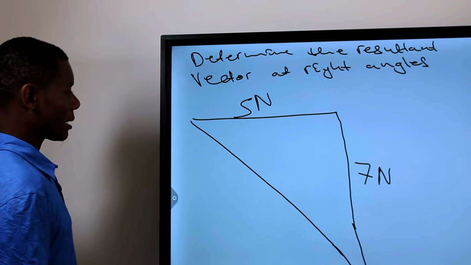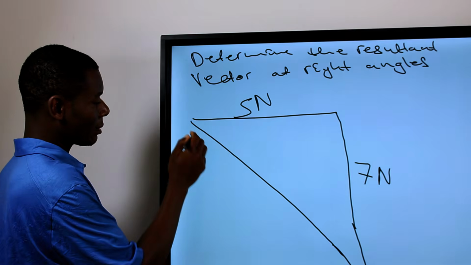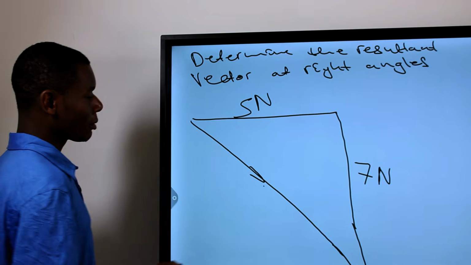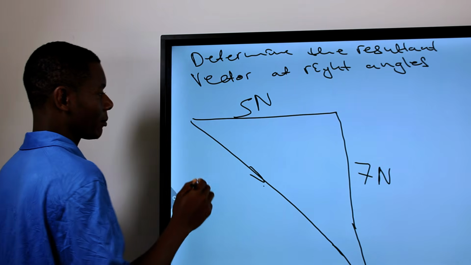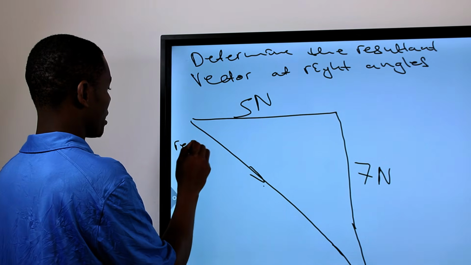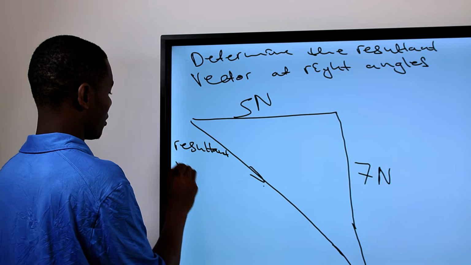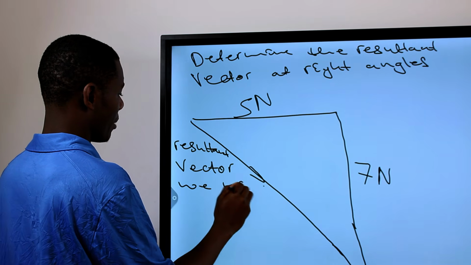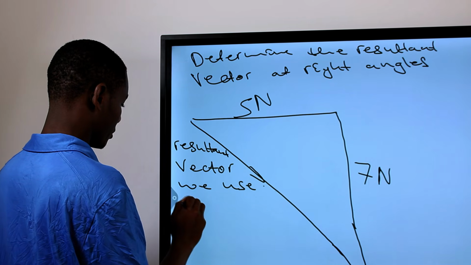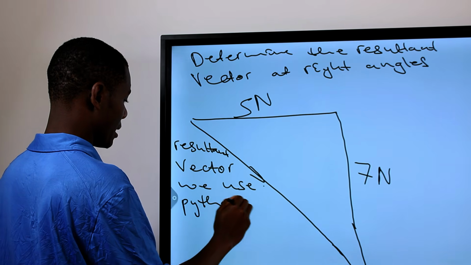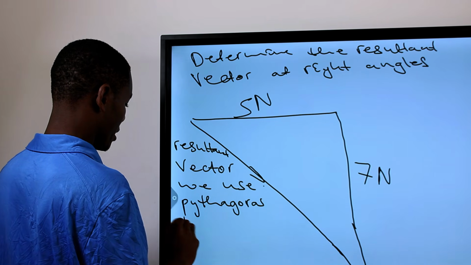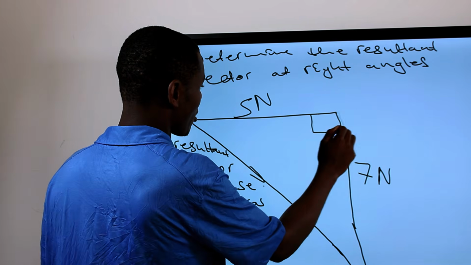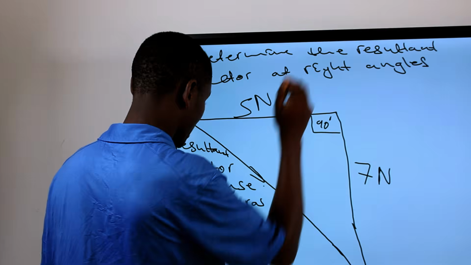And the question requires us to determine the resultant vector. So how do we calculate the resultant vector? We use Pythagoras theorem, because this is a right angled triangle because of this 90 degrees.